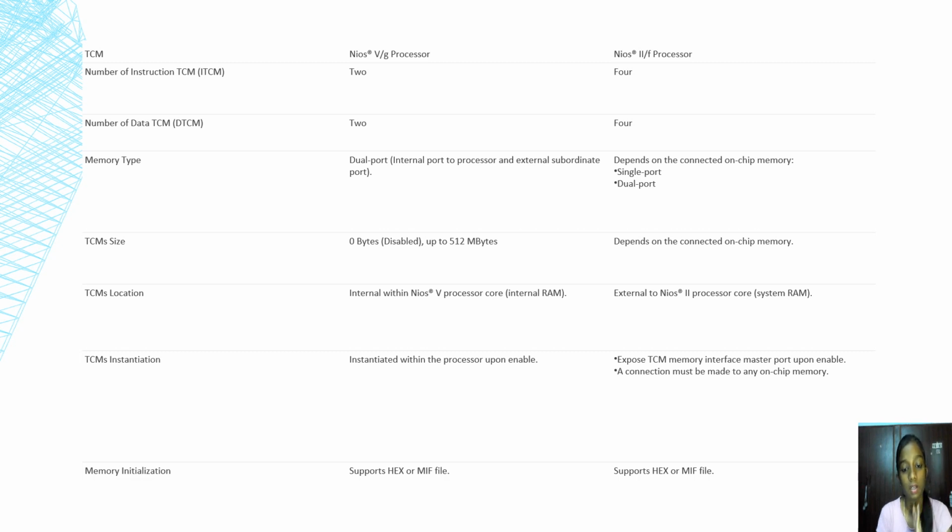TCM locations are internal with Nios, and external TCM connections are initiated with the processor upon enable. To export the TCM memory interface, the master port is enabled and the connection must be made. Memory initialization supports HEX or MIF. So this is a small difference of TCM in the 5 and 2G processor and the 2F processor.